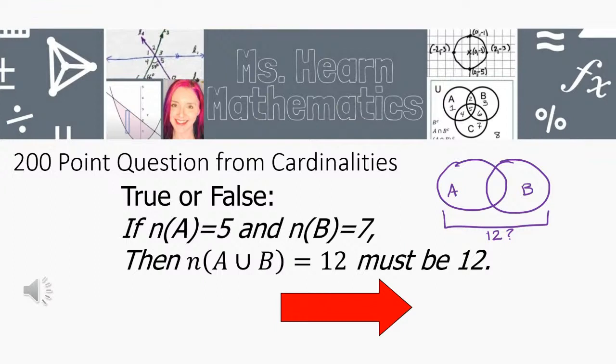How about Naraya? Are you sticking with true or are you changing to false? We're saying that there are 5 in A and there are 7 in B. Does that mean there have to be 12 in the whole union if you put the two sets together?